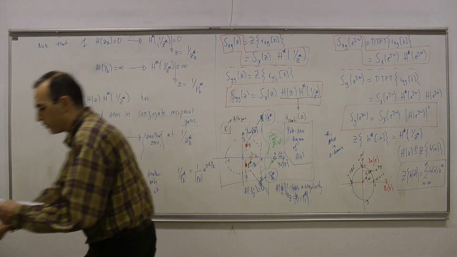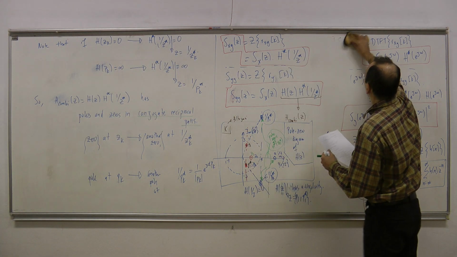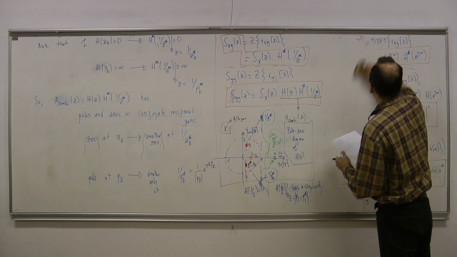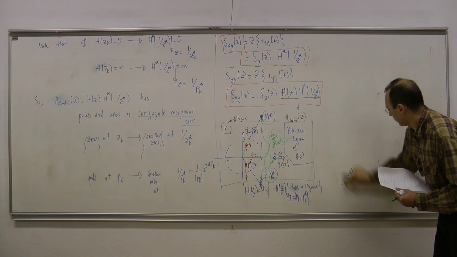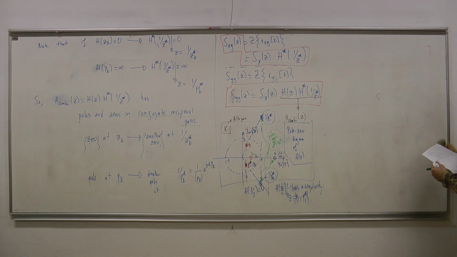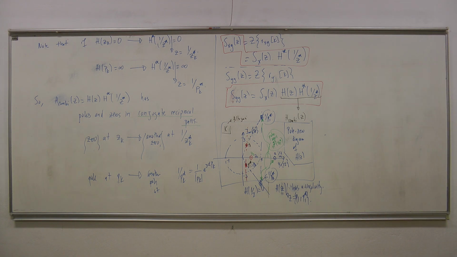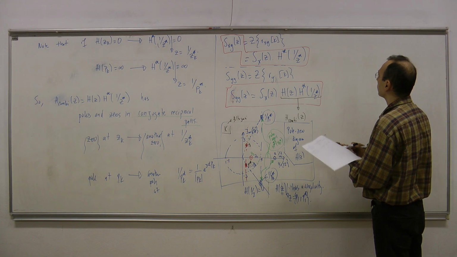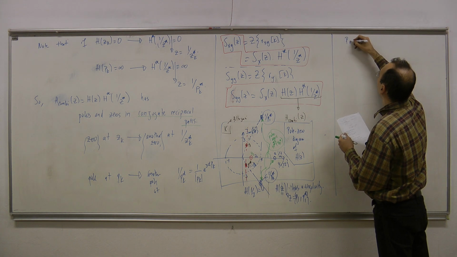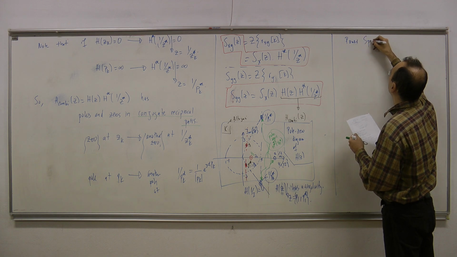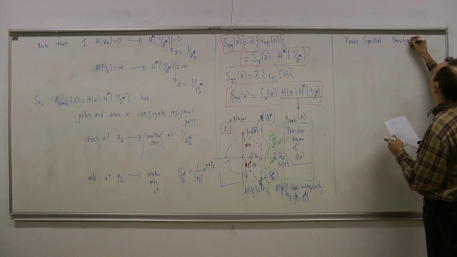Now, I will write very briefly some properties of power spectral density, and that will be the end of this hour. I will explain this in much more detail later on, but I want to mention this at this point.